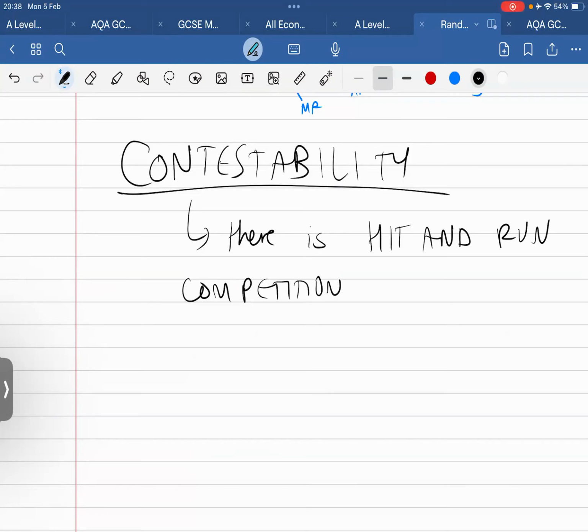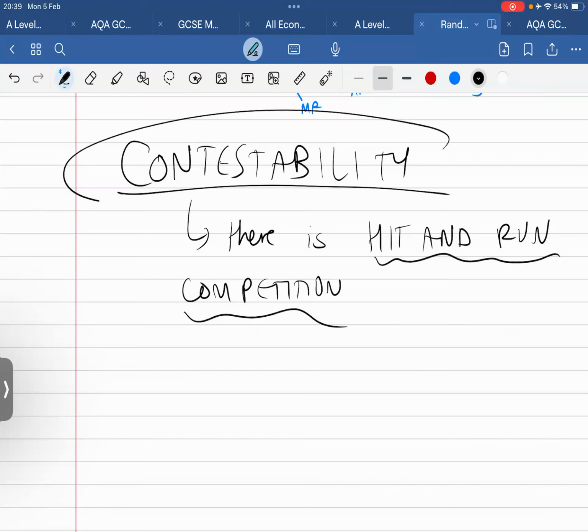You know how in perfect competition and monopolistic competition, the demand curve went down in the long run, because firms are making profit only in the short run? That's what hit and run competition is. It's a very simple thing, but it's a bit of a hidden subtopic.